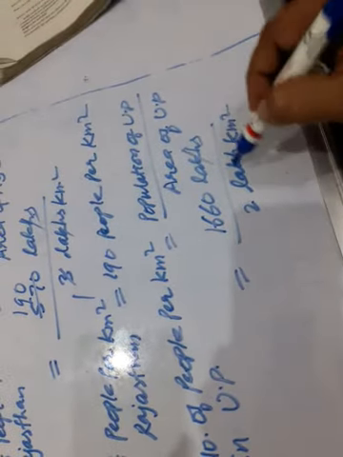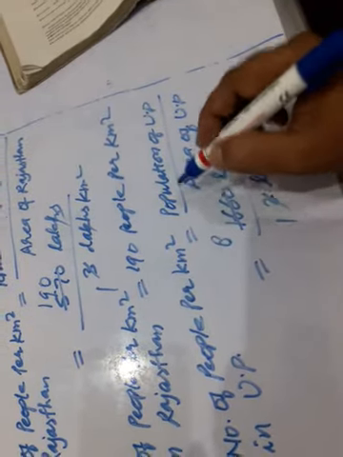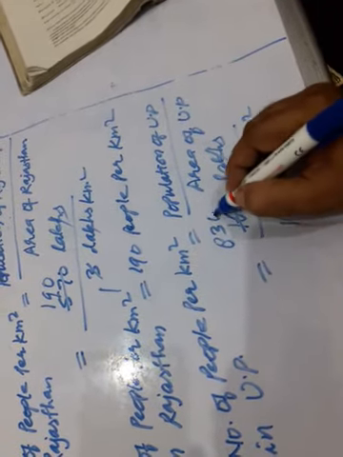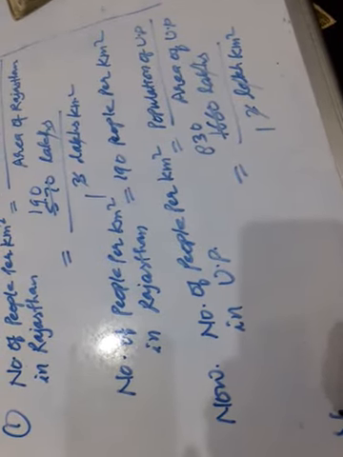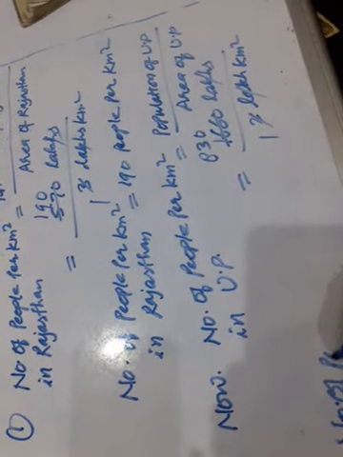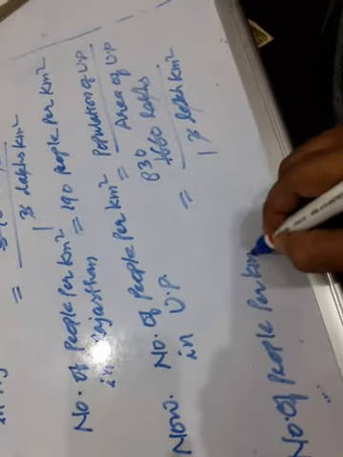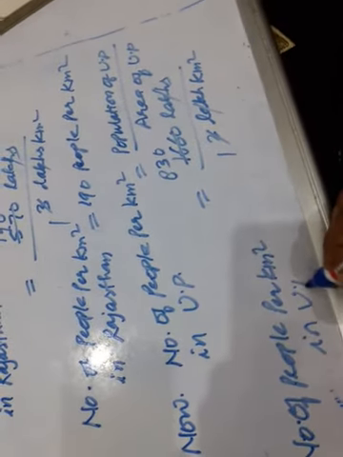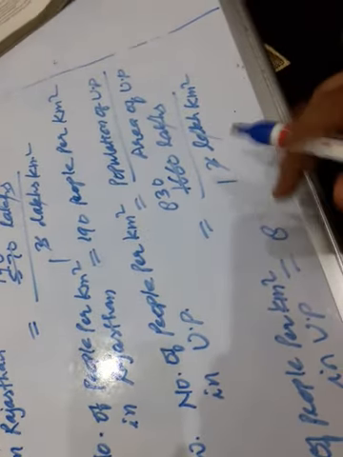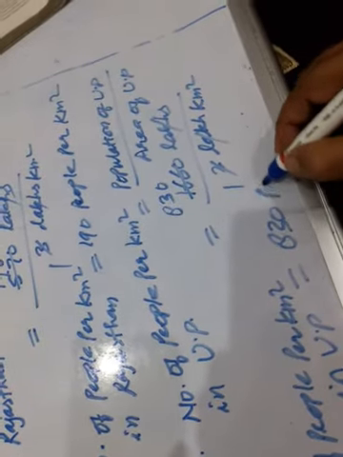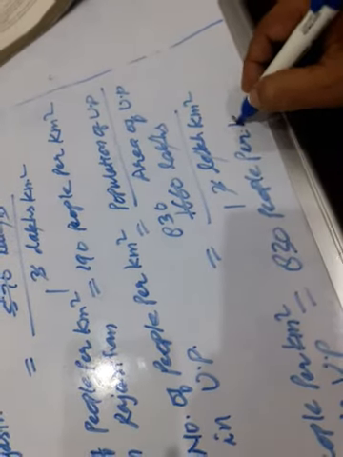Children, lakh and lakh get cancelled together. This 2 ones are 2, 2 eights are 16, 2 threes are 6, and 2 0 0. So the number of people per square kilometer in UP is equal to 830 people per square kilometer.